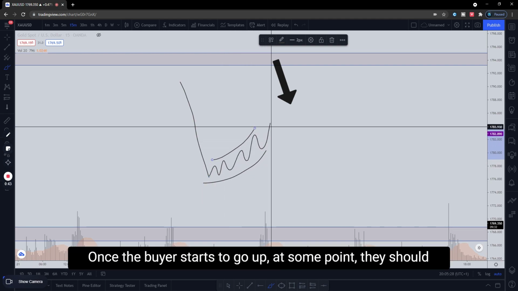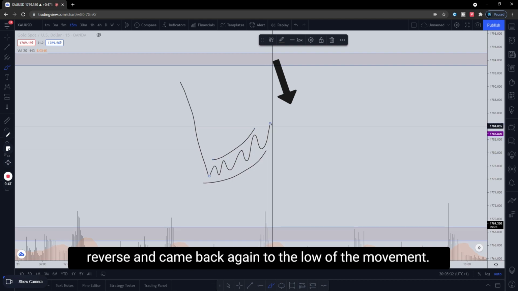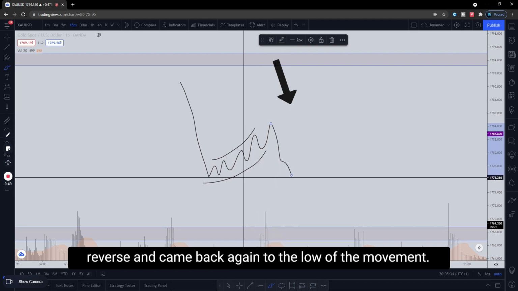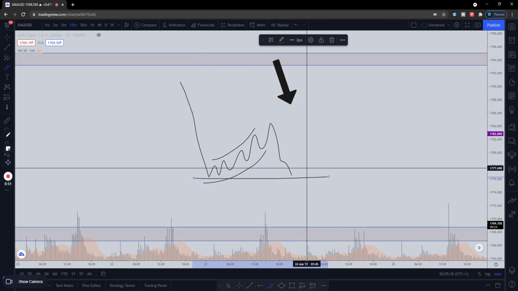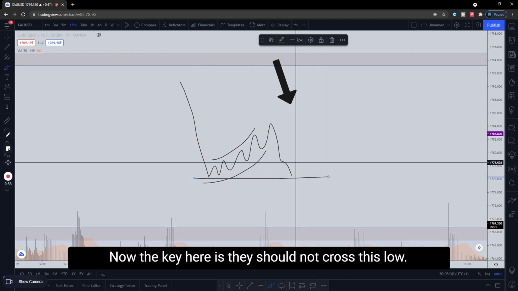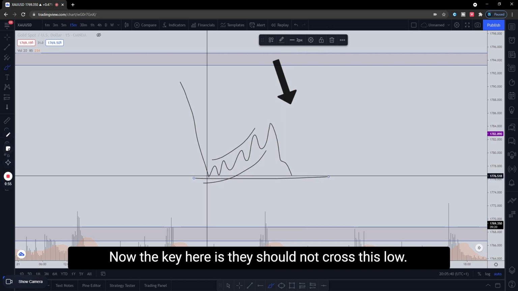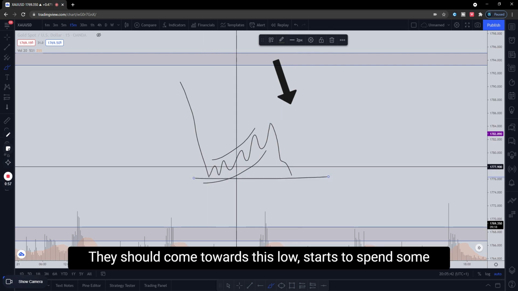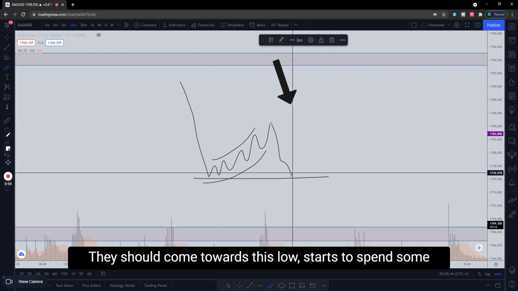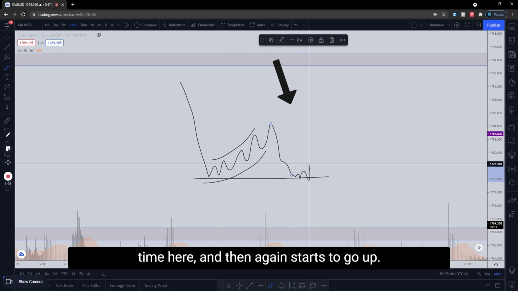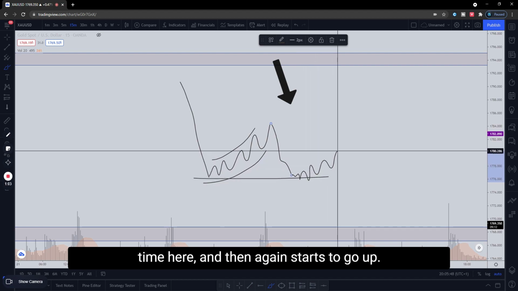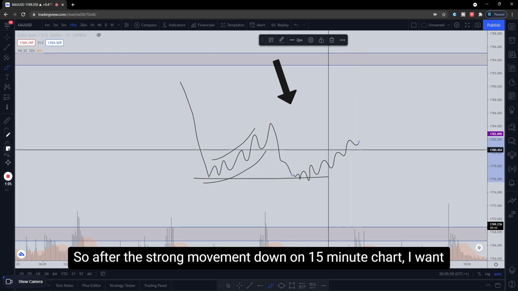Once the buyers start to go up, at some point they should reverse and come back again to the low of the movement. Now the key here is they should not cross this low. They should come towards this low, spend some time here, and then start to go up again.